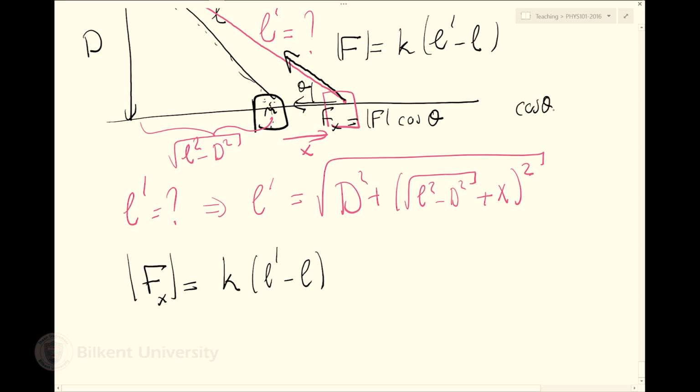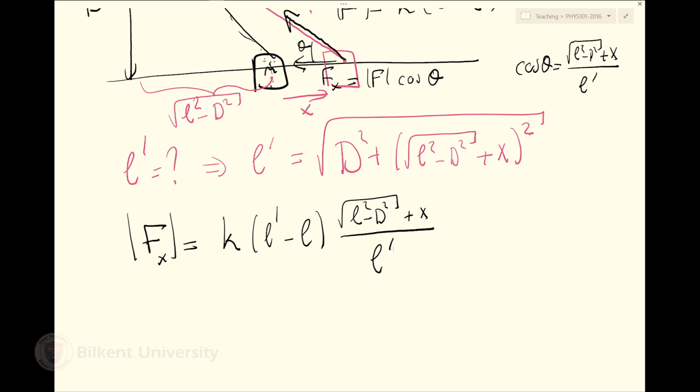Cosine theta is the square root of L squared minus d squared, plus x, divided by L prime.